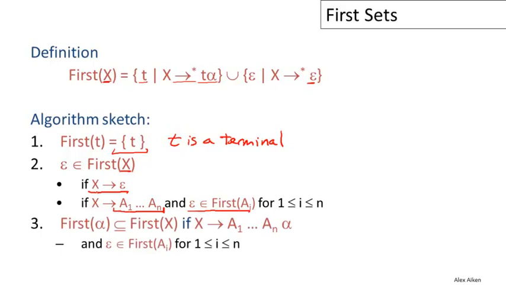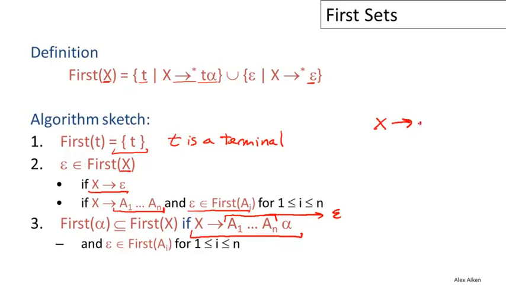All right, and there's one other situation, and here's where we make use of the fact that we're keeping track of where epsilon can be produced. Let's say that we have a production like this, and let's say the first n symbols, A1 through An here, can all go to epsilon. So this can all disappear and be replaced by the empty string. Well, what does that mean?